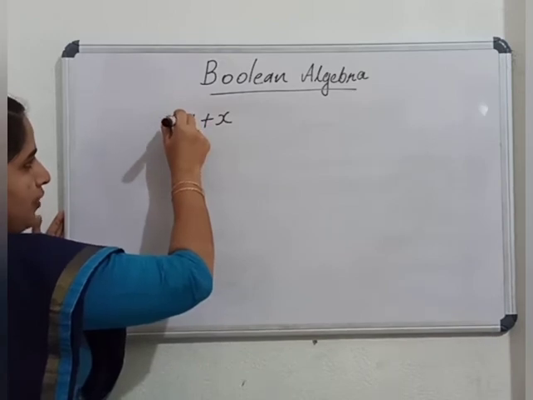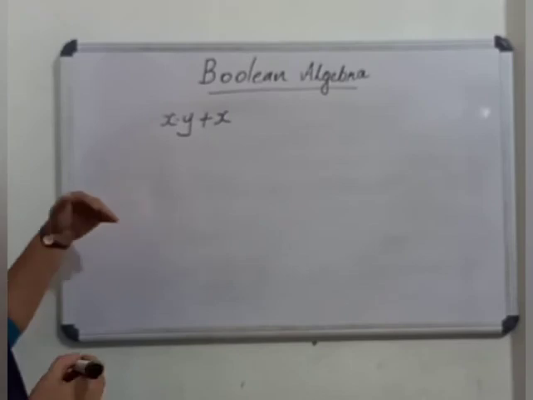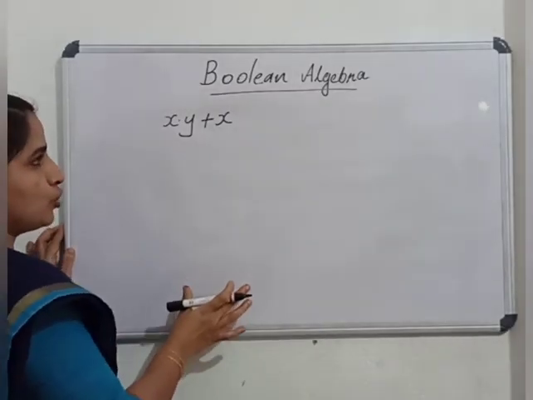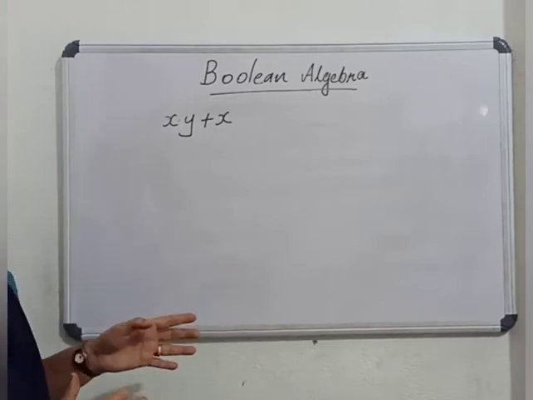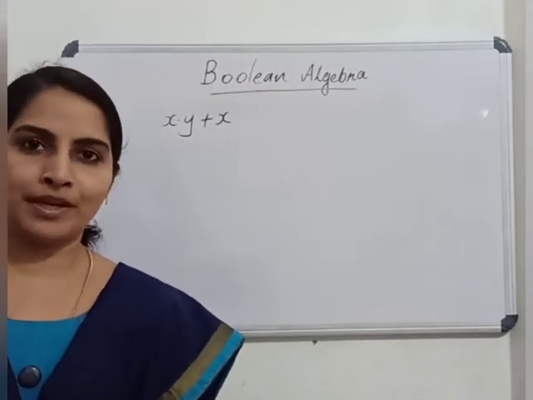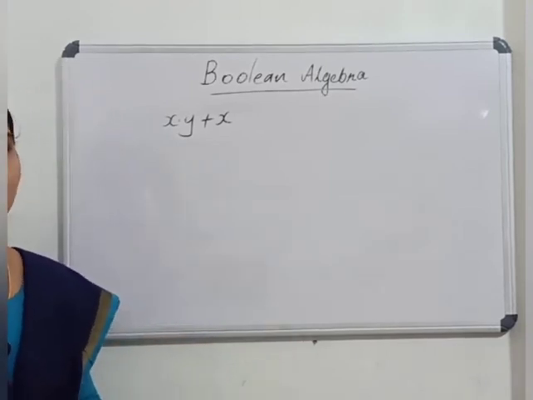Here nothing is specified between x and y, that means it is an AND operator. So we can draw the truth table for the same. For giving the truth table, the first thing is you give the input, all the input combinations, and the corresponding output too.